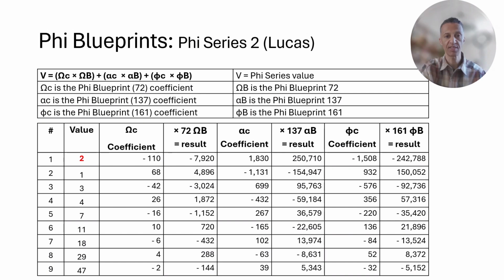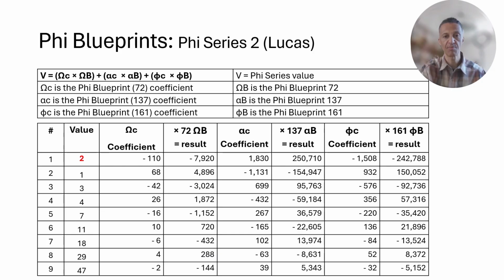If you go minus 110 plus 68, you get minus 42. And then if you take 68 minus 42, you get 26. Similarly, we can go to the 137 coefficient at 1830, just at the top again.